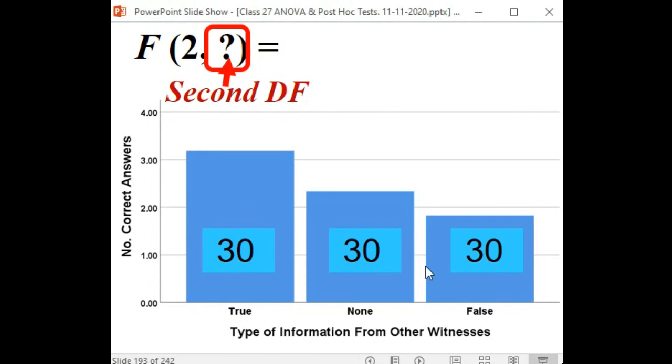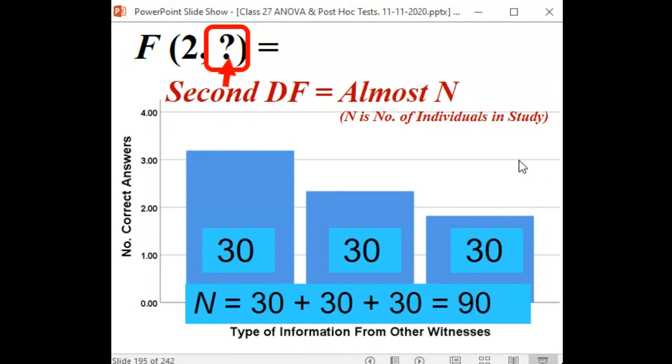Okay, here's the answer. The second degree of freedom is almost equal to n, the total number of individuals in the study. In this study, there are 3 groups and each contains 30 individuals. So n equals 30 plus 30 plus 30, which is equal to 90.